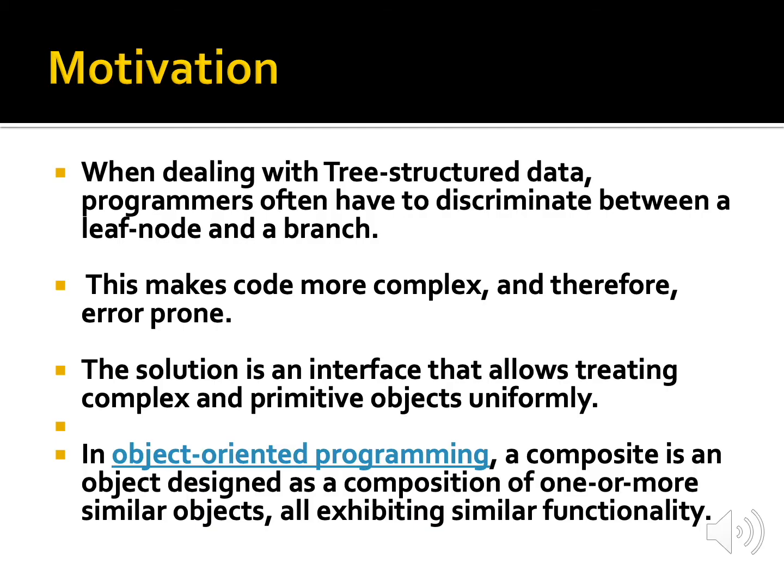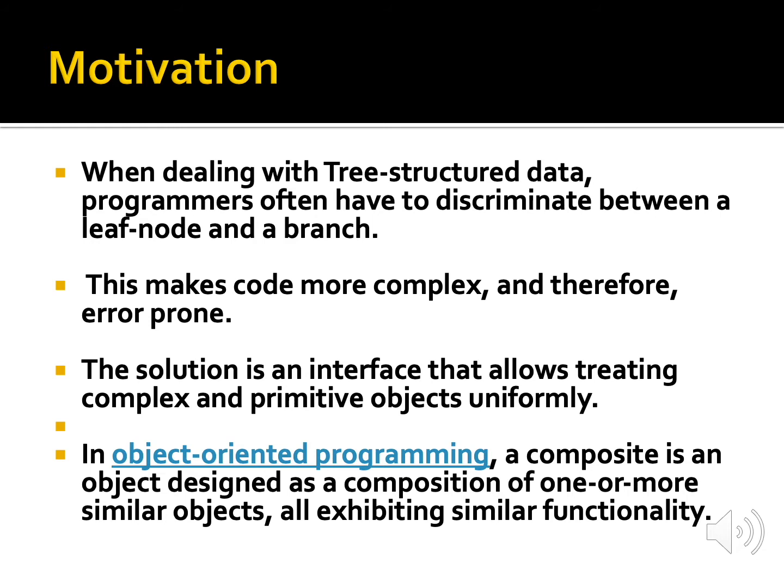Now let's see some motivations behind using the composite design pattern in your application. When you are dealing with tree structure data, meaning information which is in levels, programmers often have to discriminate between a leaf node and a branch. Why? Because they have to put in some checks.